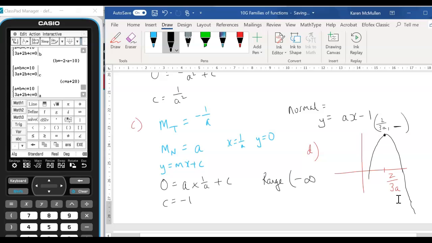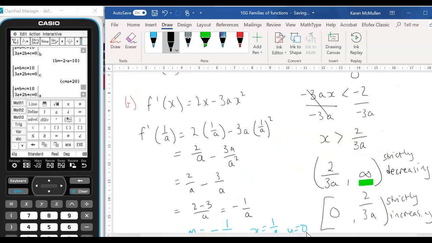So it's going to keep going. So our range is going to be -infinity up to f of 2 on 3a. Sorry for going all over that, but I'm running out of space. So you just need to substitute 2 on 3a back into your original function.